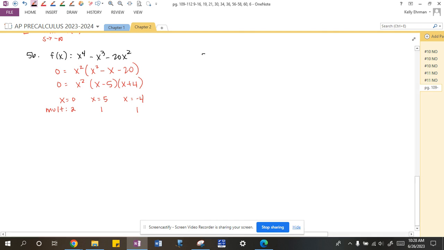All right, next one is 57. So 57 is f of x equals 1/2 x squared plus 5/2 x minus 3/2. Same directions as before, so set this equal to 0.